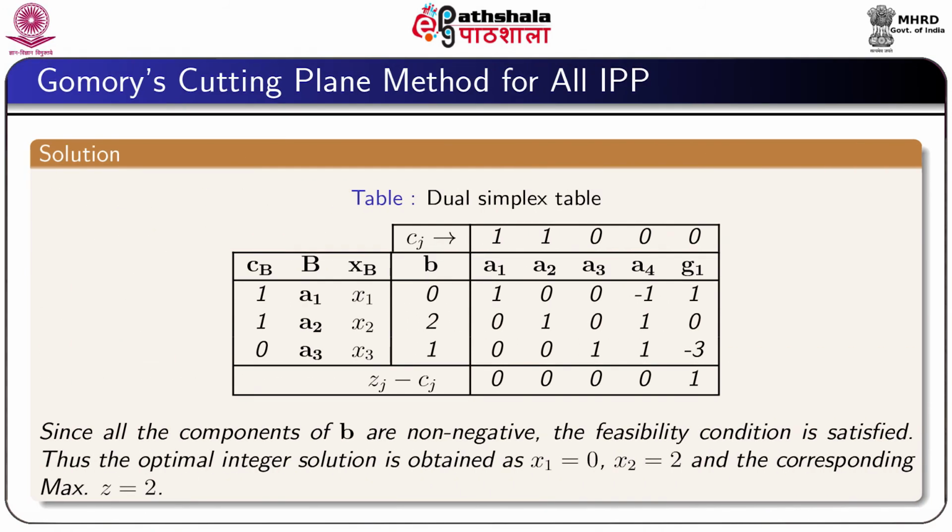Now, we proceed as usual, and finally, we see that the components of the vector B are all positive. This means that the feasibility condition is satisfied, and hence the optimal integer solution is x1 equal to 0 and x2 equal to 2, and the corresponding maximum value is equal to 2.